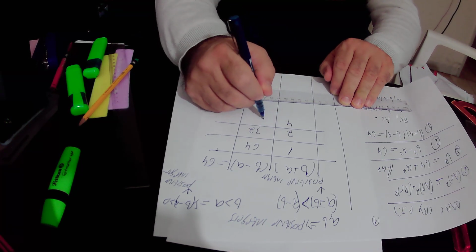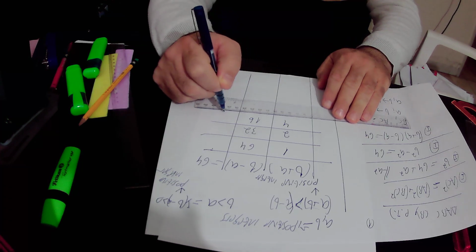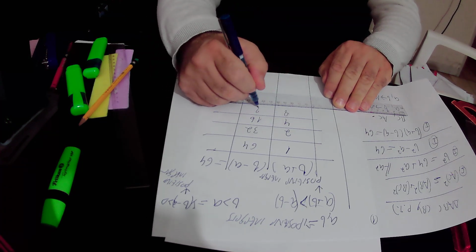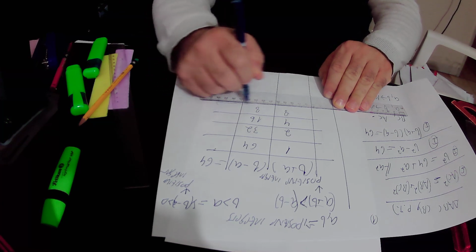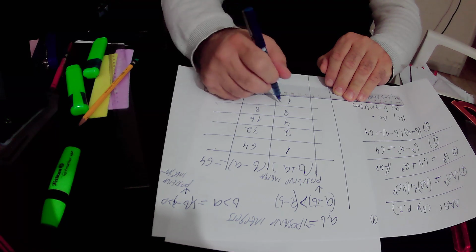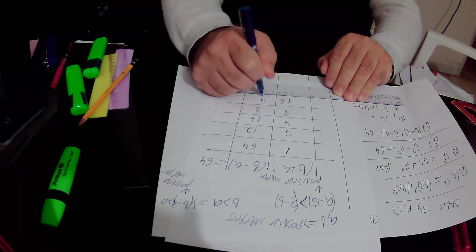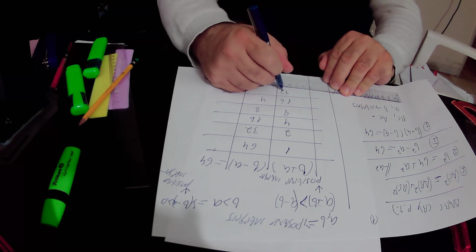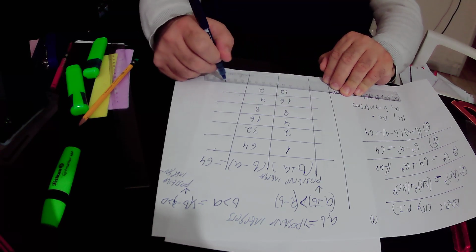4 times 16 also gives us 64. 8 times 8 also gives us 64. 16 times 4 also gives us 64. 32 times 2 also gives us 64.